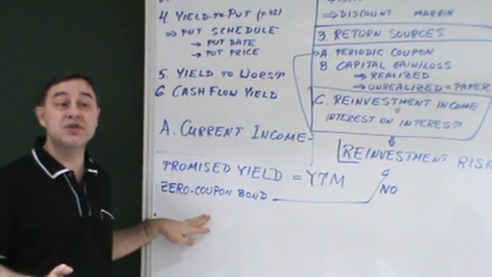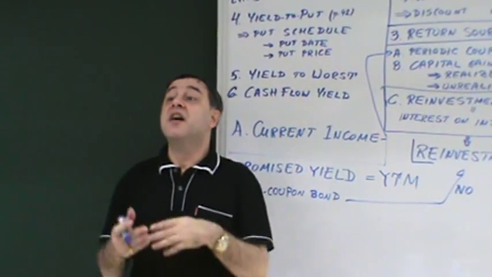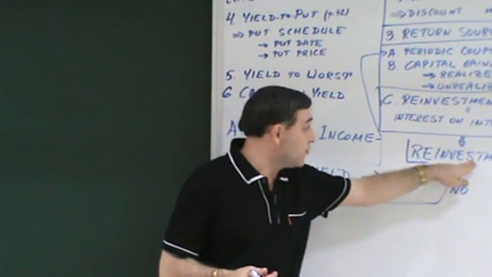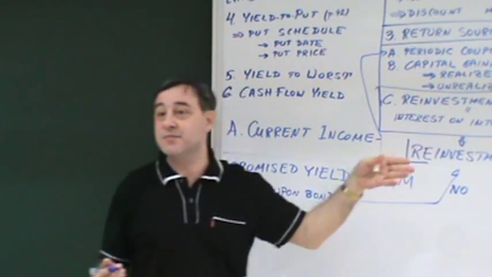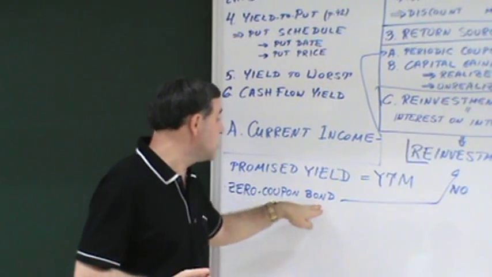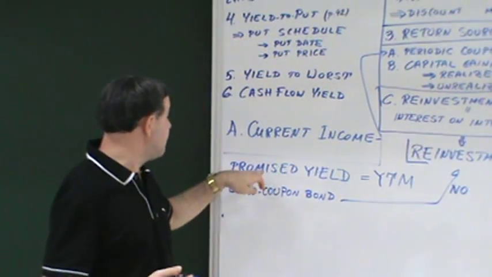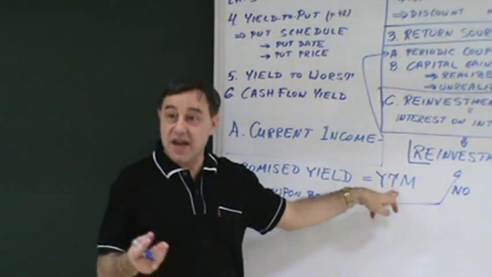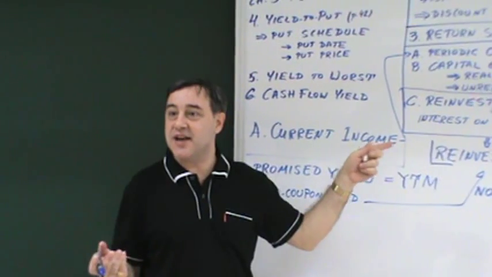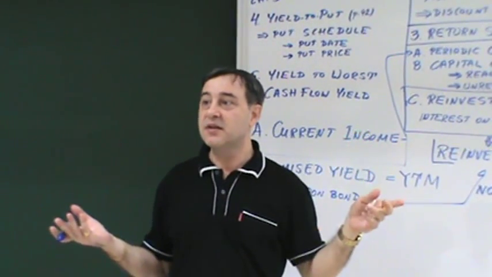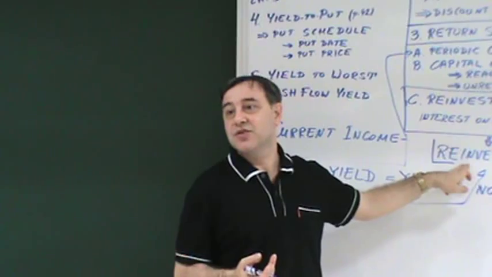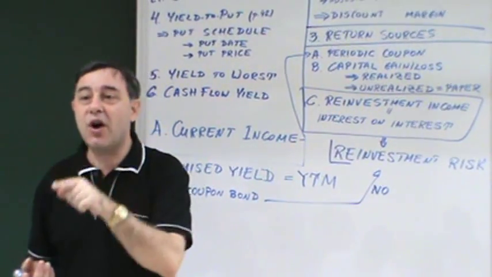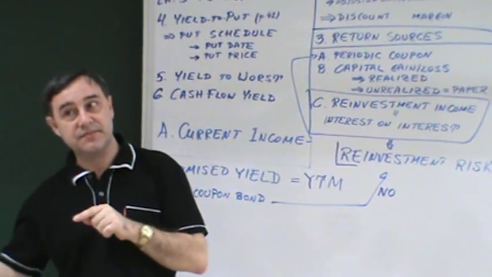There are no coupons to reinvest, and if there's nothing to reinvest, you know for sure that there is no reinvestment risk. Only for a zero coupon bond, the promised yield is the same as the yield to maturity, the actual or realized yield, the total yield, subject to no reinvestment risk. But here's the key: if you hold it until maturity.